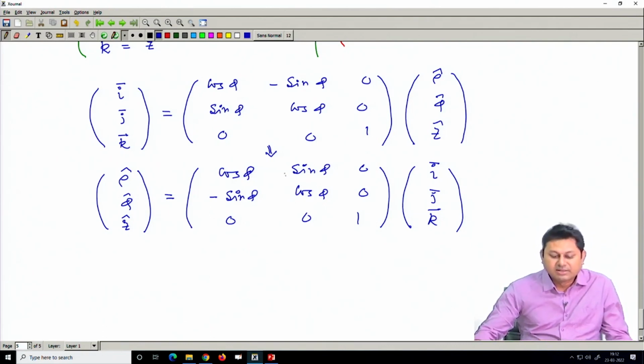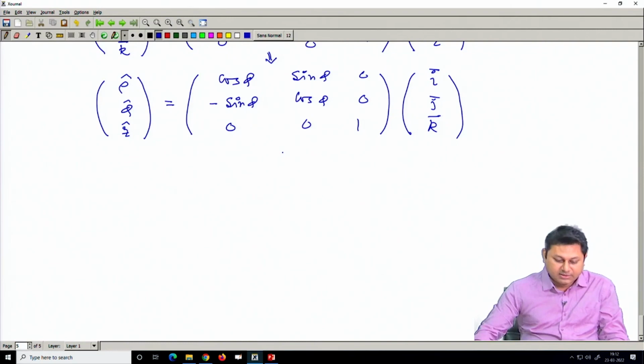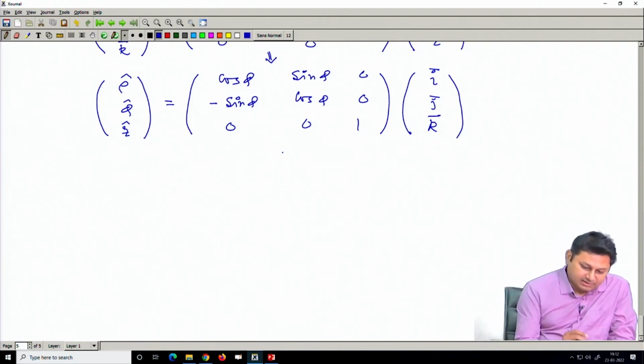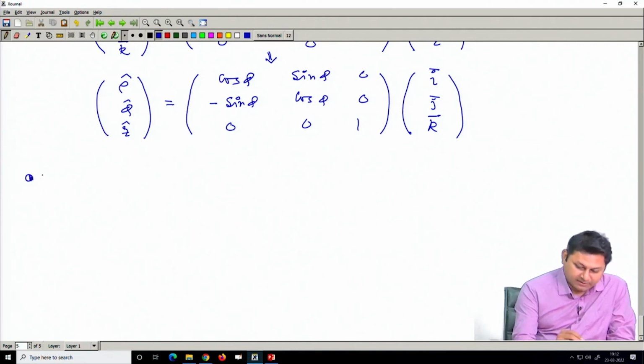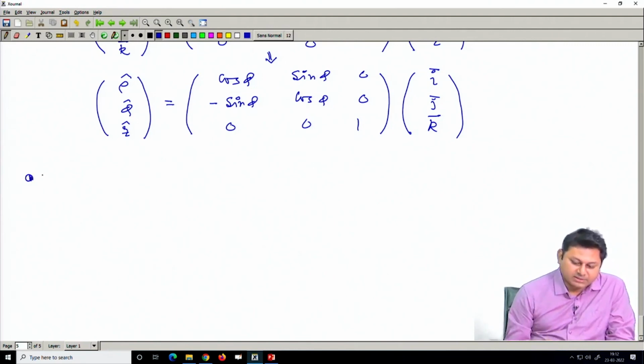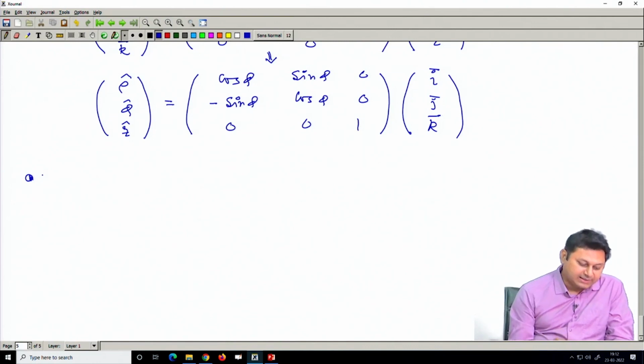So, that means there is a relationship between these transformations. These things we are going to learn next, and that is called the orthogonal transformation. So, these kinds of transformations are orthogonal, and when we have an orthogonal transformation, this transformation matrix follows a certain unique rule, and that thing we are going to understand quickly.